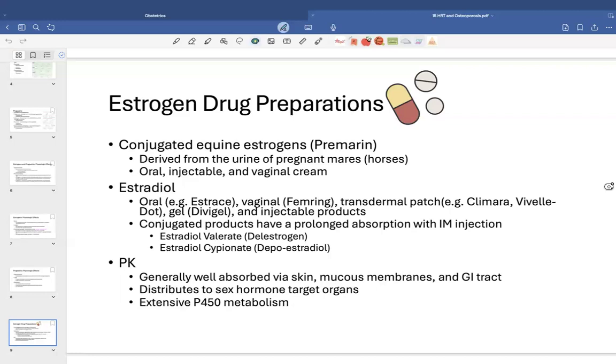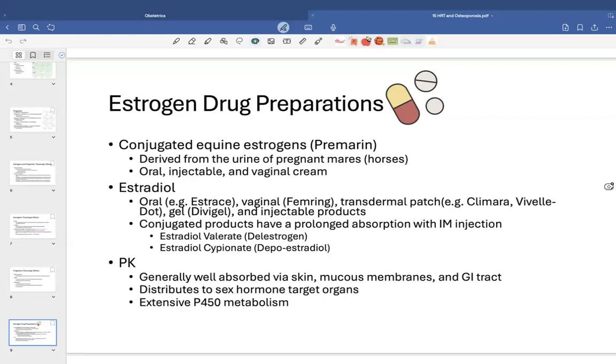There are also esterified estrogens, estradiol valerate and cypionate. If you recall, we talked about this for testosterone, the long-acting depot for hormone replacement in men. These are basically the analogous products for estrogens.